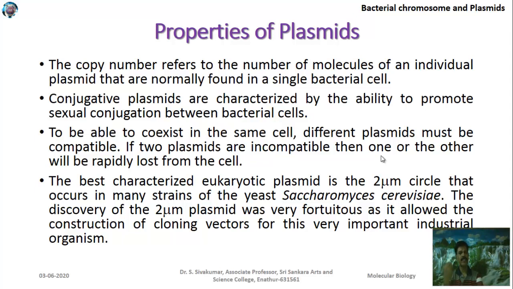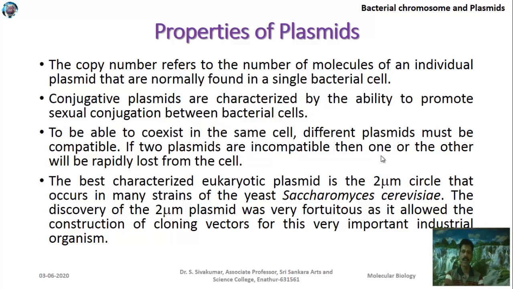The next one is best characterized. Some plasmids are known as shuttle plasmids or shuttle vectors. Why is it called a shuttle? Because it can survive in more than one type of bacteria. And as I already told you, how is it possible for a plasmid to survive in two different host organisms? It might be that it has an origin of replication which can be present in both organisms.